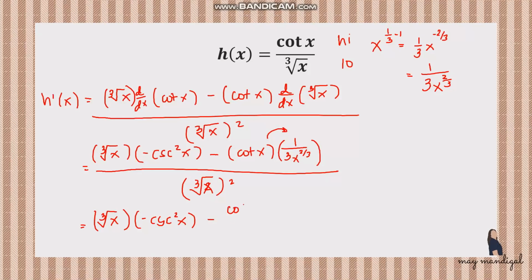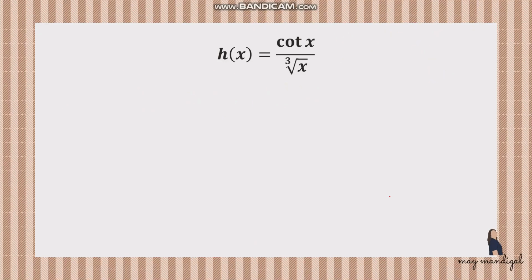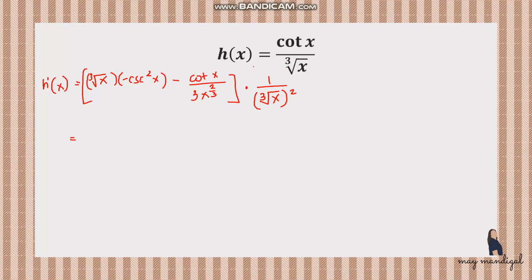So you have cotangent of x over 3 times x raised to 2/3 times the reciprocal of the denominator, which is 1 over the cube root of x, squared. So from here, we'll now have to multiply this to the numerator. So let's multiply to the first term.